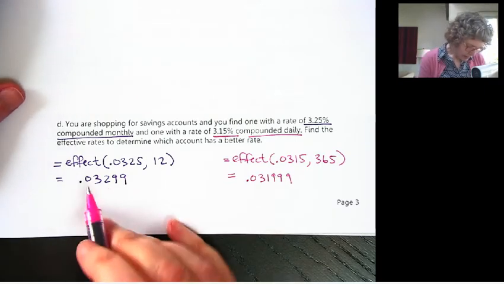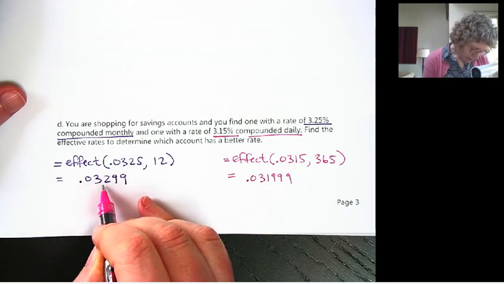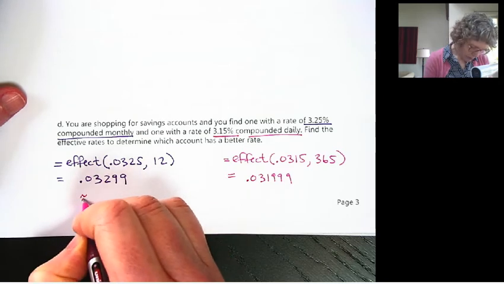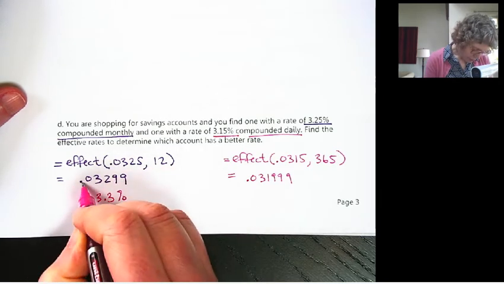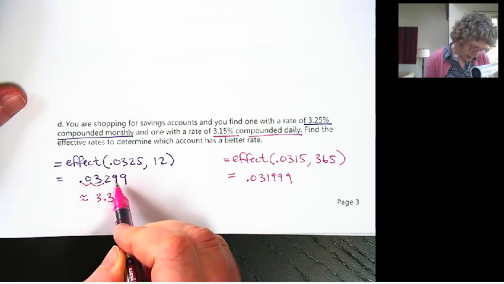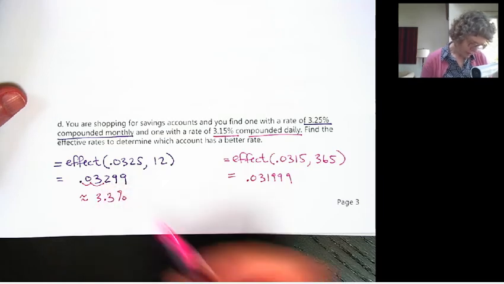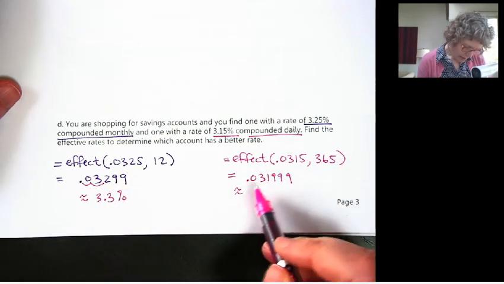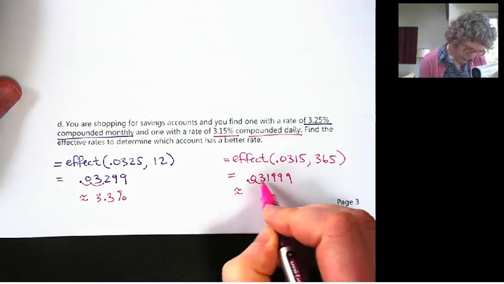So this one, let's move the decimal over, it's pretty much 3.3%, isn't it? If we move it over 2 places, that 9 would bump that up to a 10, which bumps that up to a 3. This one, move the decimal over 2 places, 3.1.